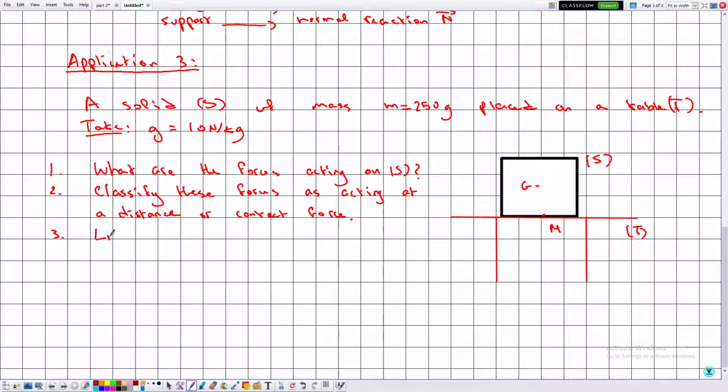Number 3, list the properties of the above forces. Number 4, represent the above forces using a scale: 1 centimeter corresponds to 1.25 newtons. And let's start.